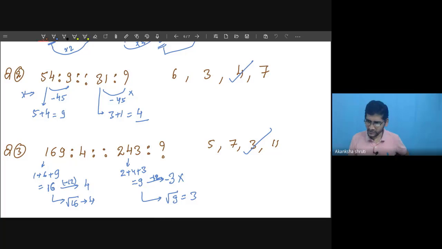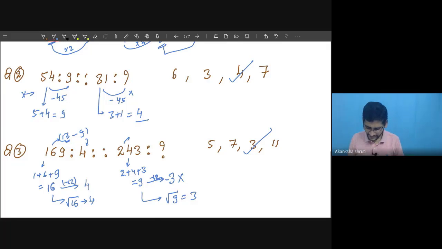If we are taking the square root of 169, then it will give us 13, minus 9. Even we are able to reach to this one. Why 13? It was the square root of 169. Similarly, 243, what is this?